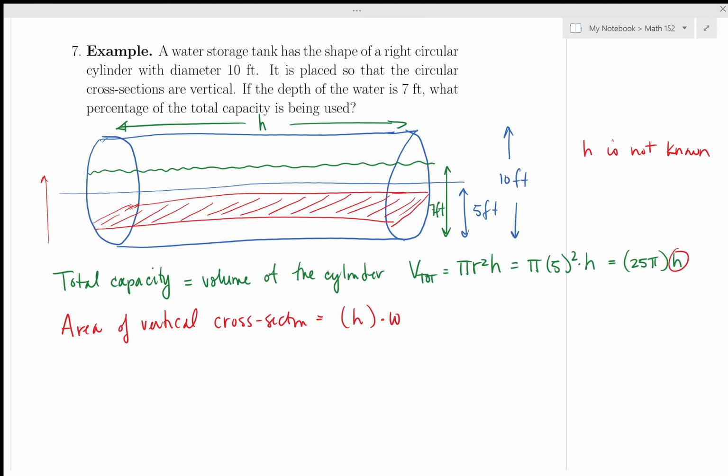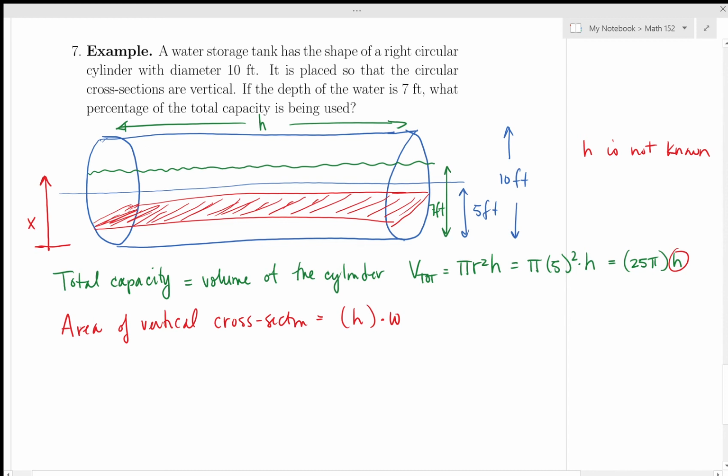Okay, and then the width is a function of where we are. So I've drawn this arbitrary horizontal thing here, but I'm going to measure x in this direction here, like this, x.